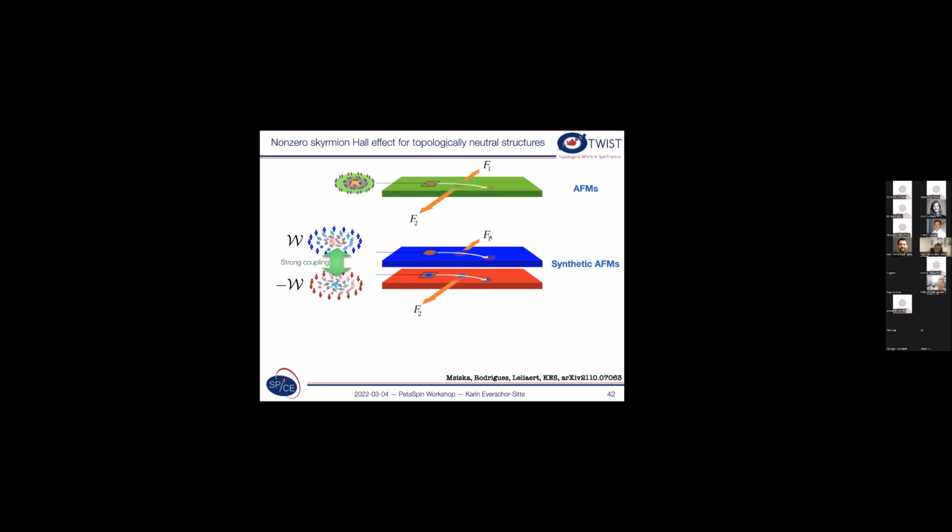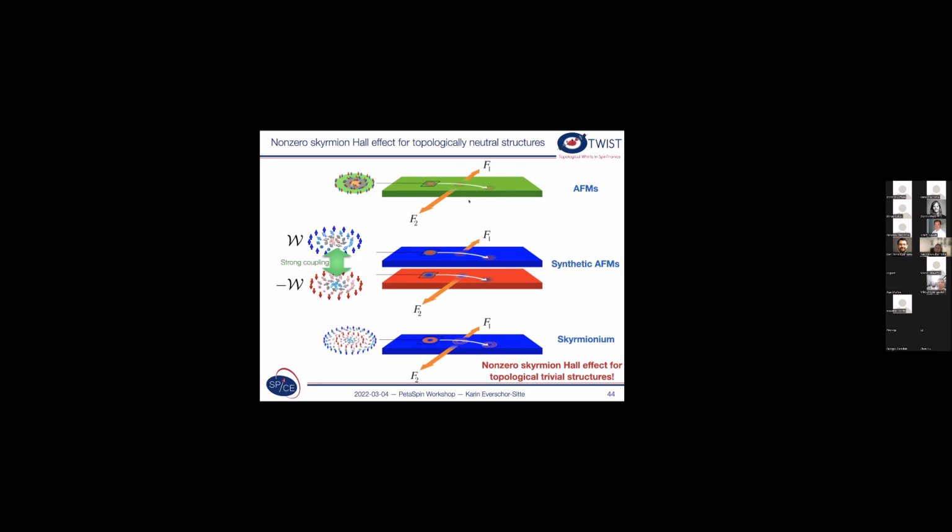The effective force acting on one of the sublattices is smaller than the other one, and they don't cancel. And last but not least, you can do it for the Skyrmionium, where the force on the inner one is smaller than on the outer one, or vice versa. And very interestingly, for the Skyrmionium, it's even a non-zero Skyrmion Hall effect for a topologically trivial structure.